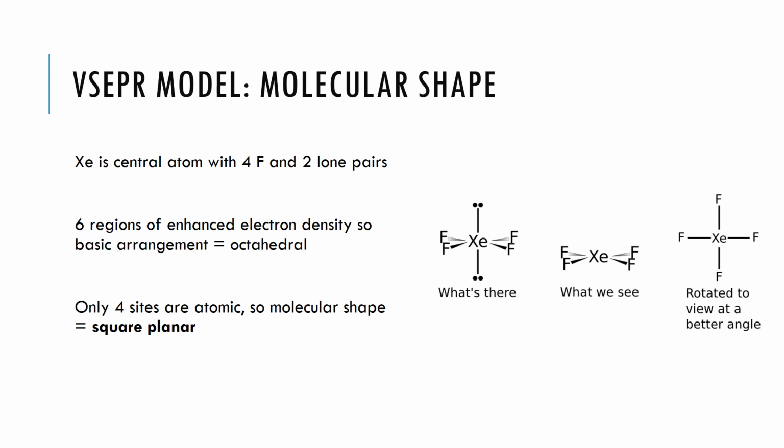Xenon tetrafluoride, XeF4, a very wacky molecule. It has a central xenon atom with 4 fluorine atoms, but 2 lone pairs. There are 6 regions of enhanced electron density here, so the basic arrangement can be described as octahedral, but only 4 of those sites are atomic. So the molecular shape is actually square planar.